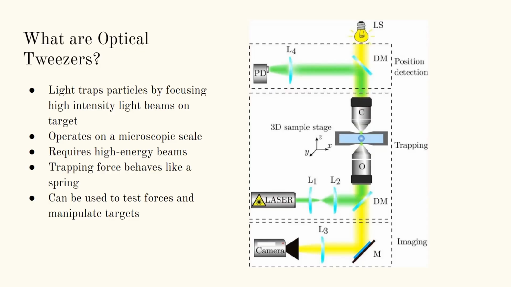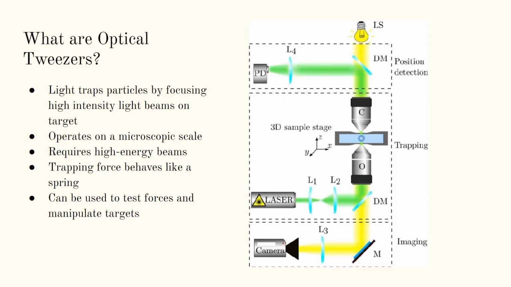And the trapping force that's created with an optical tweezer acts kind of like a spring, where as the target is displaced from the center of the trap, it starts to feel an increase in the magnitude of the trapping force, on the order of some spring constant that's unique to the trap.